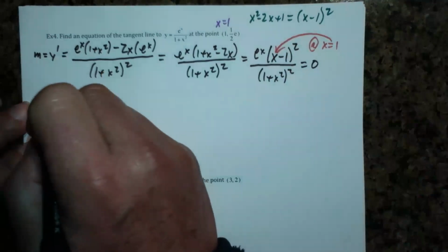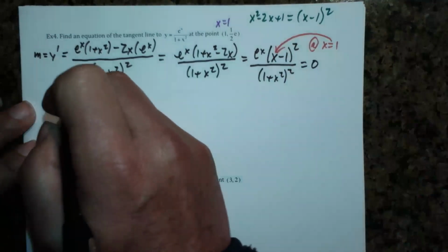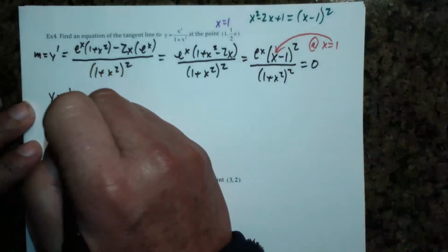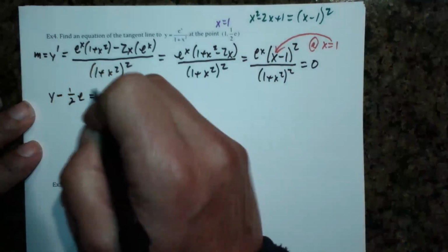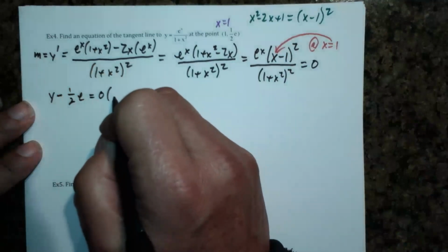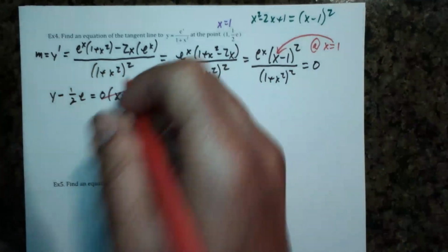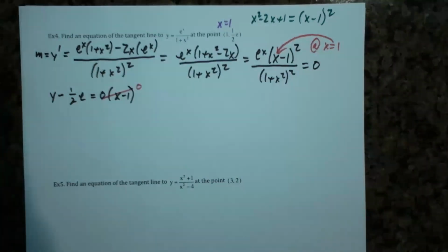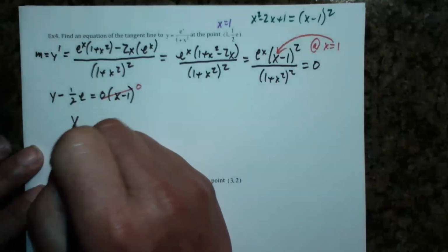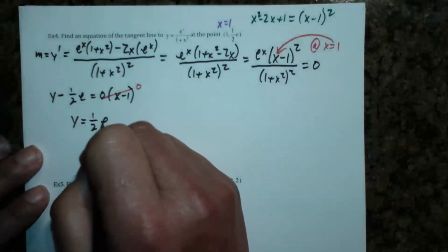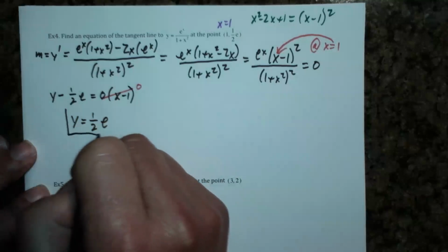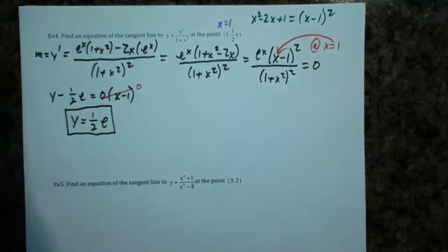So let's go to point slope form. You can see this whole part here goes to 0. Which means this is a horizontal line, specifically at y equals 1/2 e. And that is my horizontal line in this case.